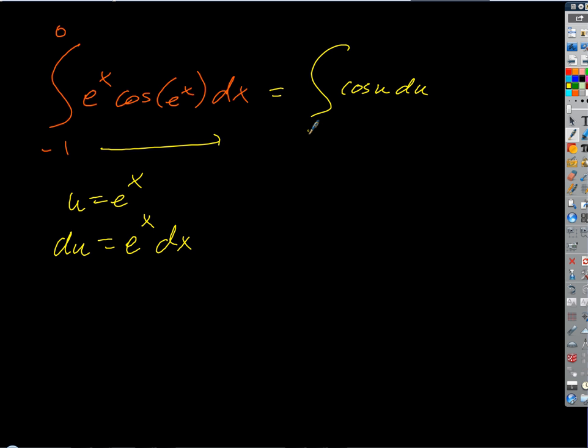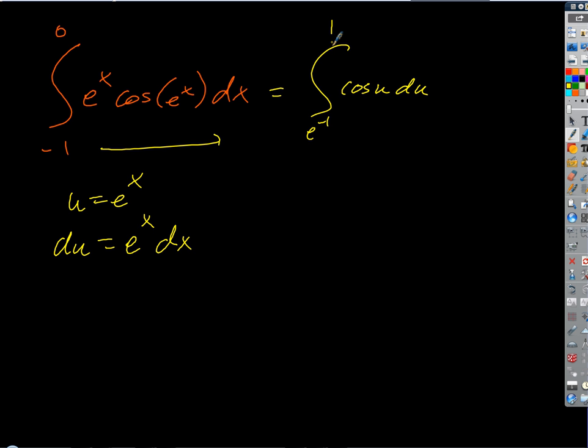What's e to the -1? Well, it's just 1 over e, isn't it? e is just a number, right? So e to the -1, and then when x is 0, e to the 0 is what? One, there we go. So then we're going to get back a weird answer.